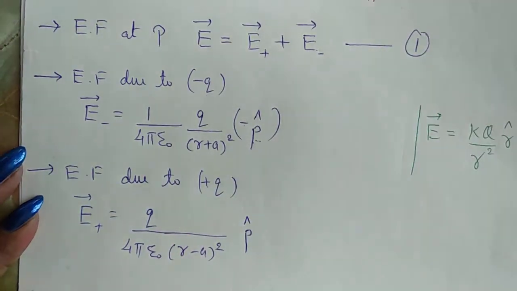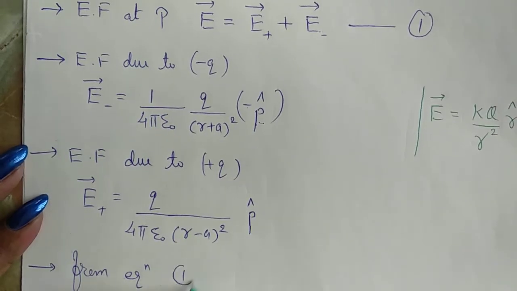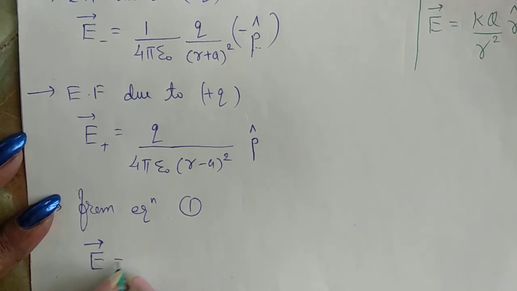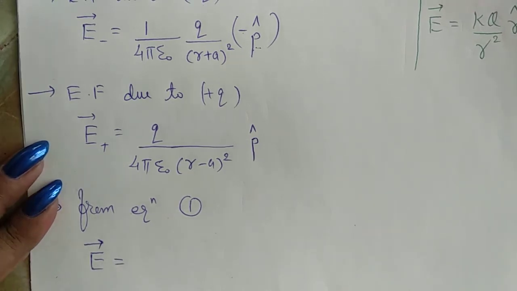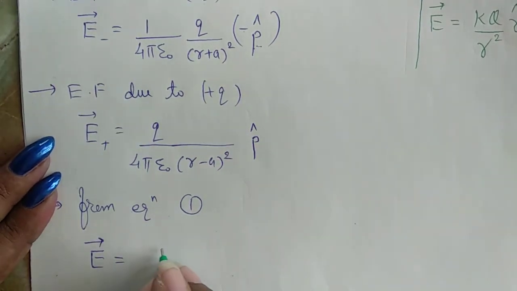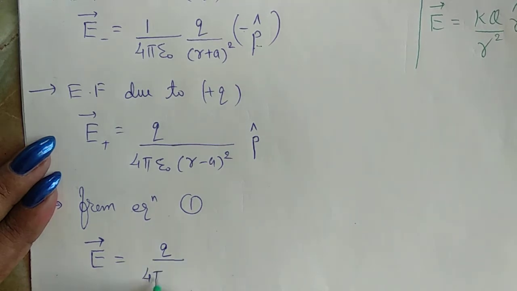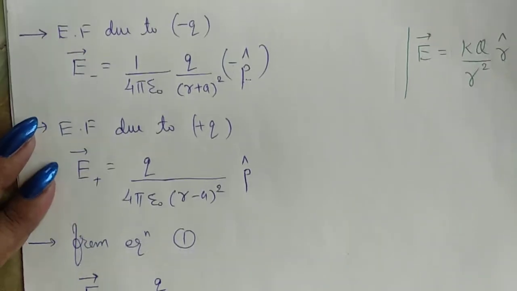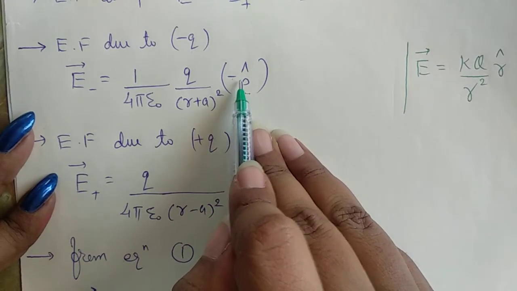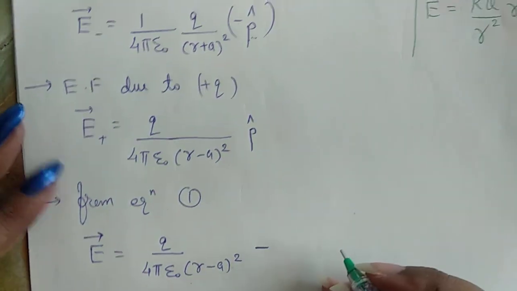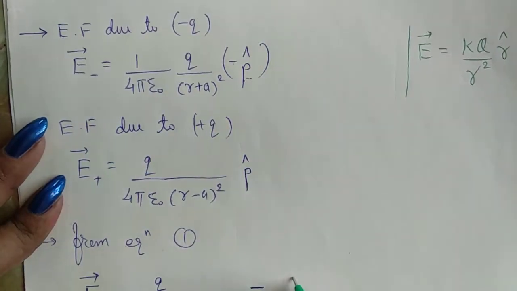Suppose this is equation 1, then from equation 1, the resultant electric field will be, I'll substitute this value, this minus p cap, I can write that minus sign in between and substitute this value.